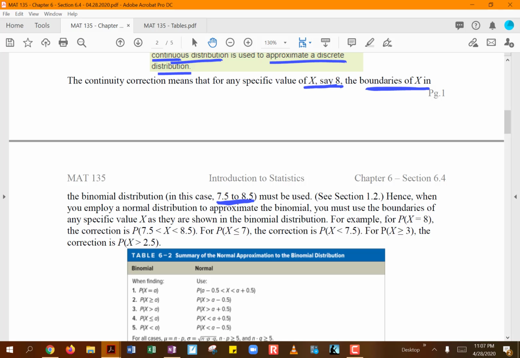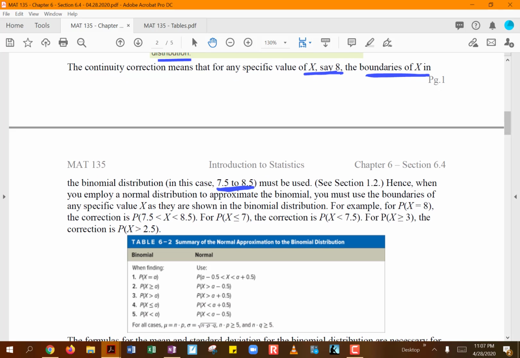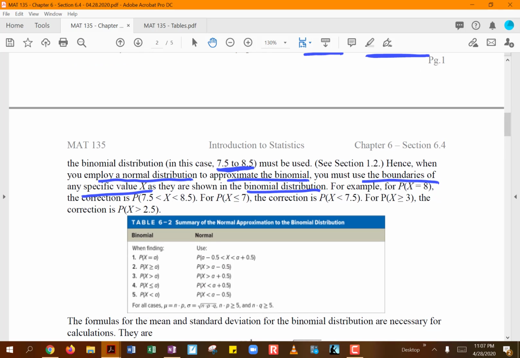Okay, so basically they are saying when you employ a normal distribution to approximate the binomial distribution, you must use the boundaries of your specific values of x, as we are showing you here in this table. So for example, if you are trying to find the probability of your x value being exactly equal to 8, the correction is actually going to be finding the probability of values going from 7.5 to 8.5.